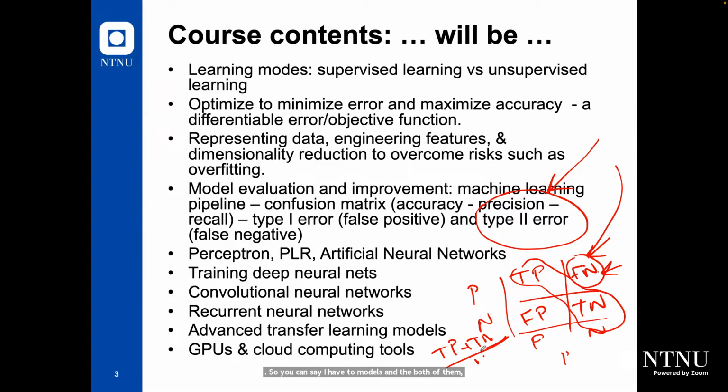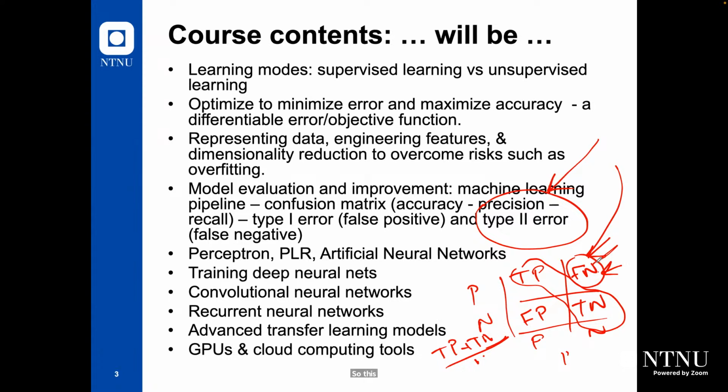But when you look at the false positive rate and the false negative rate, you find that one model has a high false negative rate compared to the false positive rate. Both have the same accuracy, but this one is performing much worse. So which model should we select? Of course, we should select the one with the lower false negative rate, because this is a problem. This false negative rate is very dangerous, and we call it type 2 error.